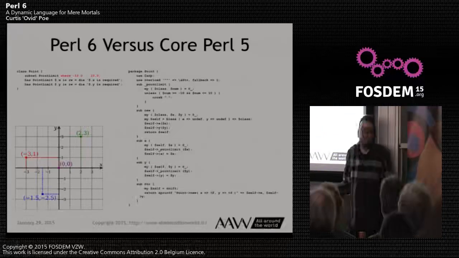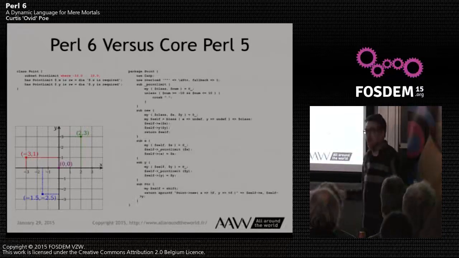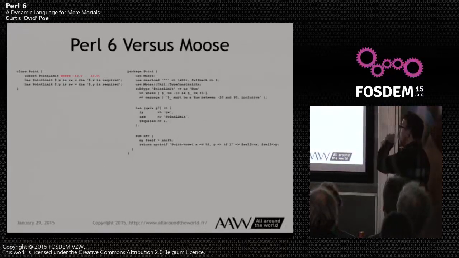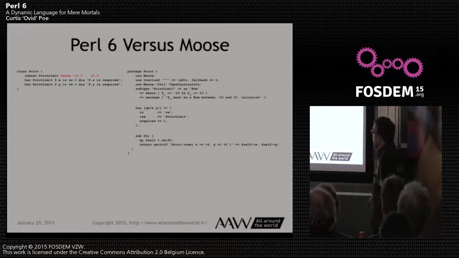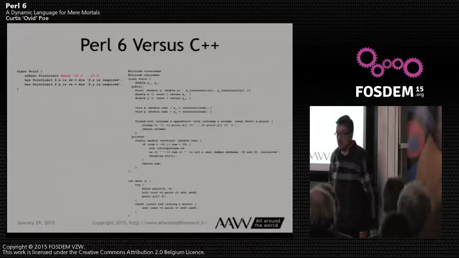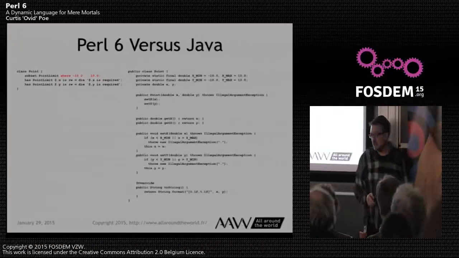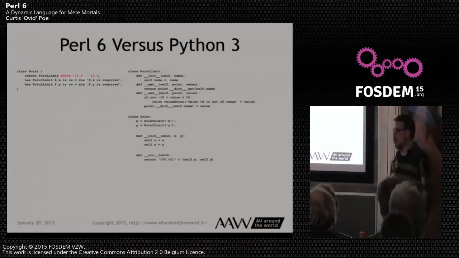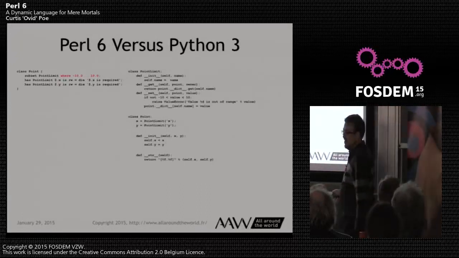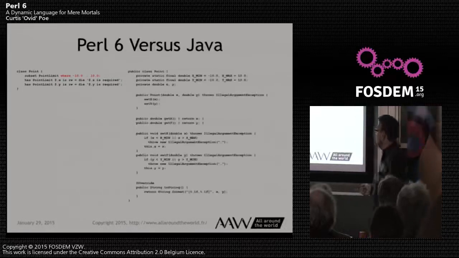But we know we don't use Core Perl 5 objects anymore, so there's Moose. Moose is still a little bit more painful. Oh, there's C++. There's Java. There's Python 3. What's that? No, that legitimately was Java on that one.